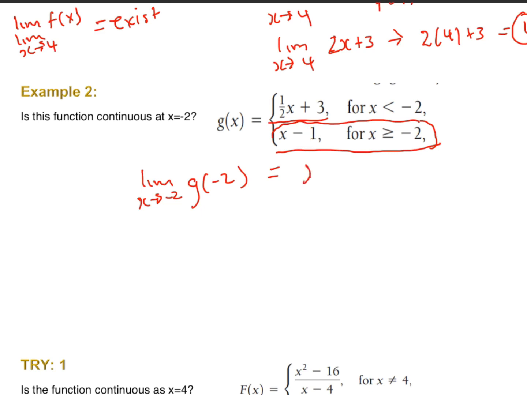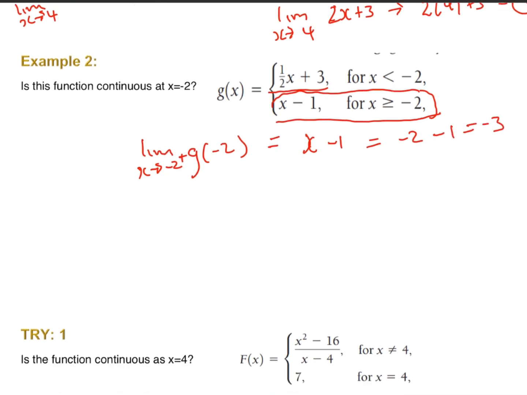From the right, it will give us -2 minus 1, which is -3.